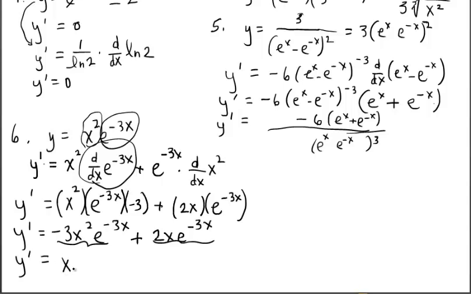I've identified that x e to the -3x is a common factor of both terms. And when I pull this factor out of this term, looks like I'm left with a -3x, plus over here, when I take this out, it looks like I'm just left with the 2. So that's our derivative there.